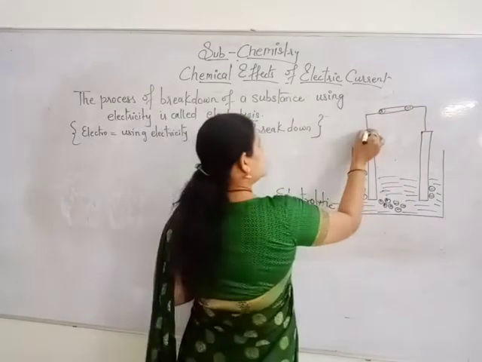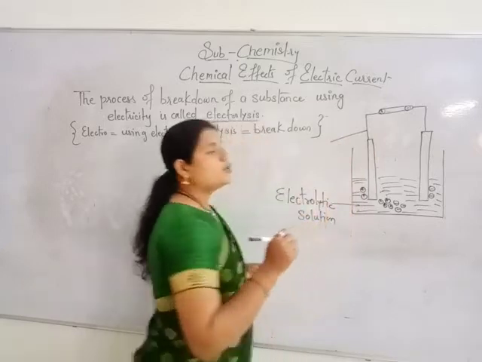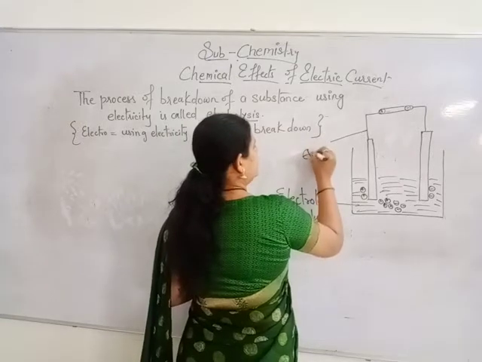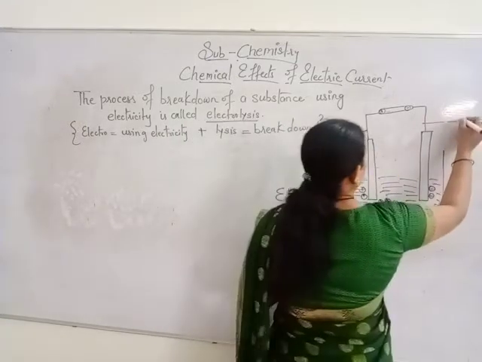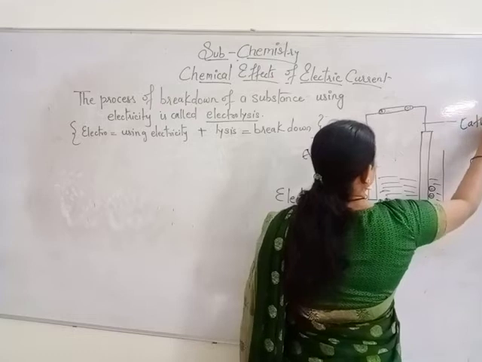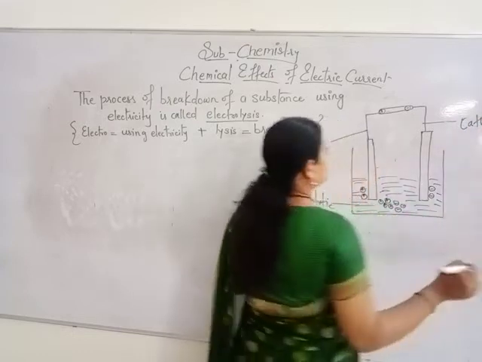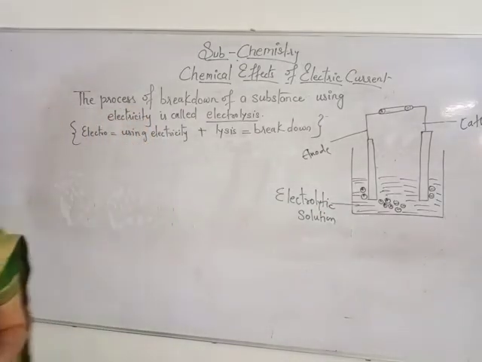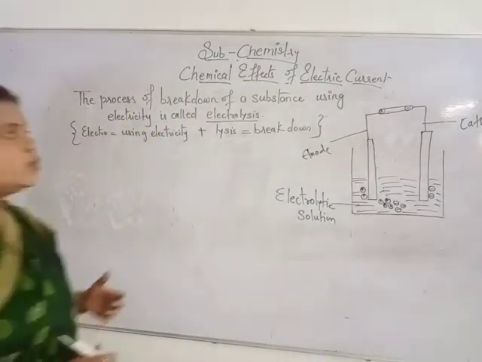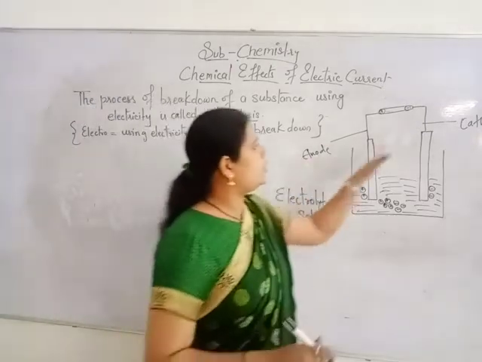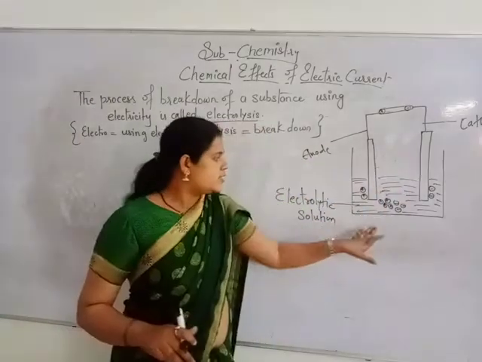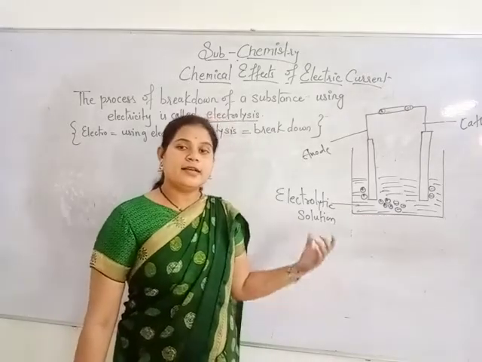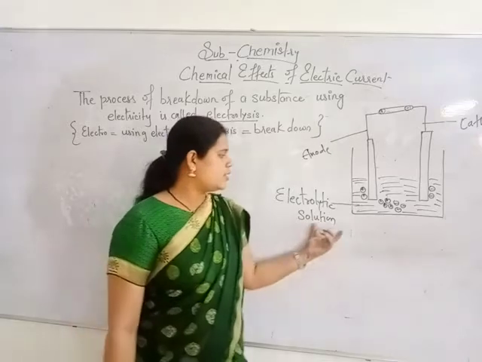So the positive one will be the anode, and this will be the cathode. The positive is anode and the negative is cathode, and this is the electrolytic solution, the solution that conducts electrolysis.